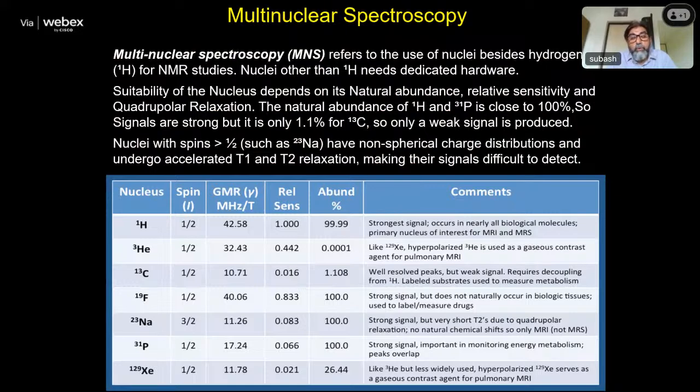So you cannot do imaging of lungs by MRI otherwise. But if you use hyperpolarized xenon, it can be inhaled, and you can produce nice images of the lungs and look at these air sacs, whether they are intact or destroyed.